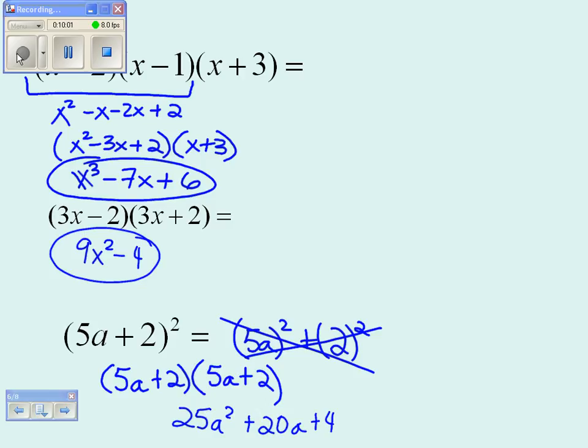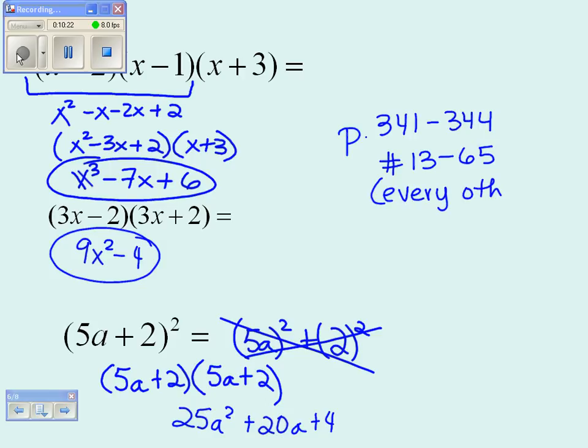Any questions about that? Okay, so we're going to do a quick in-class assignment with this, and then you'll be good to go. So page 341 to 344, numbers 13 through 65, but you're doing every other odd, so you get to skip an odd in between.